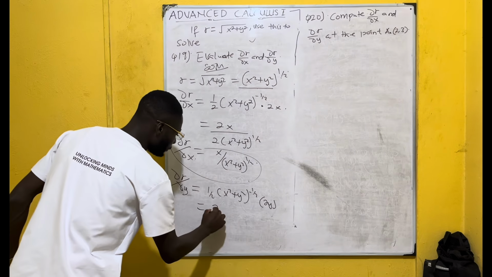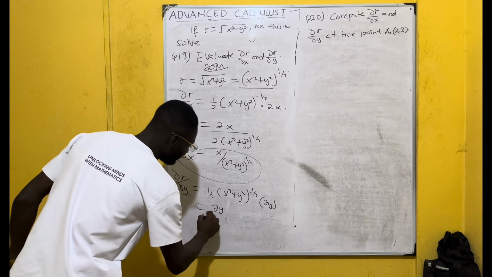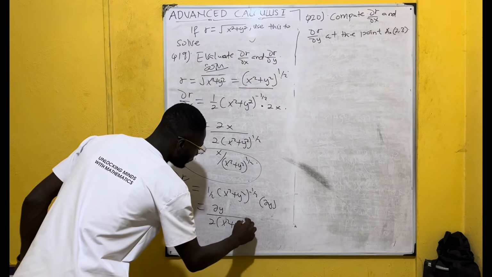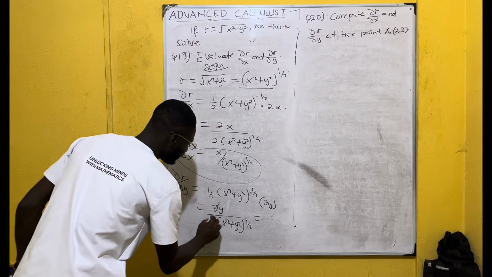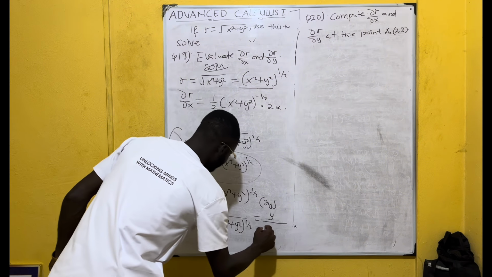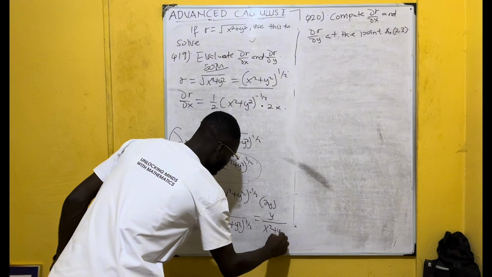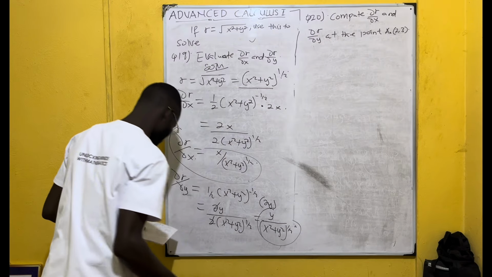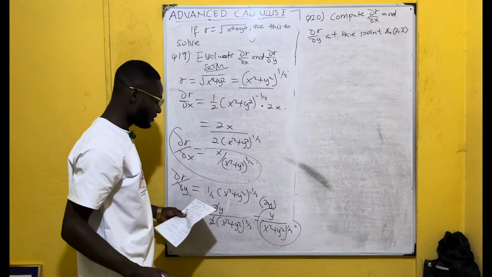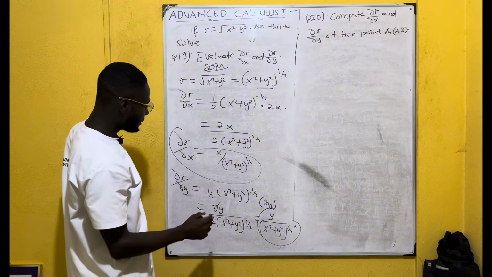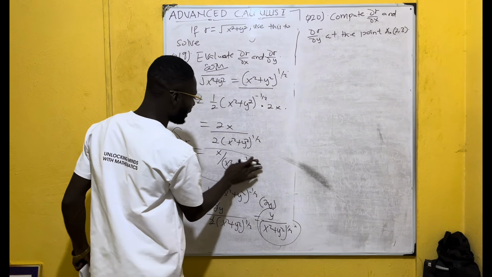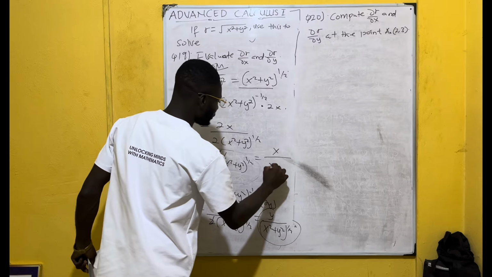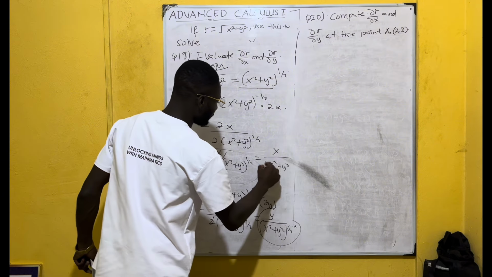So we are going to have 2y divided by 2 times x squared plus y squared to the power half, and that will give us y over x squared plus y squared to the power half. And you know that this is the same as y over the square root of x squared plus y squared.